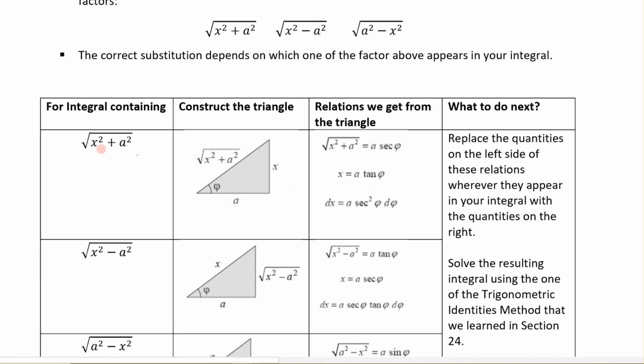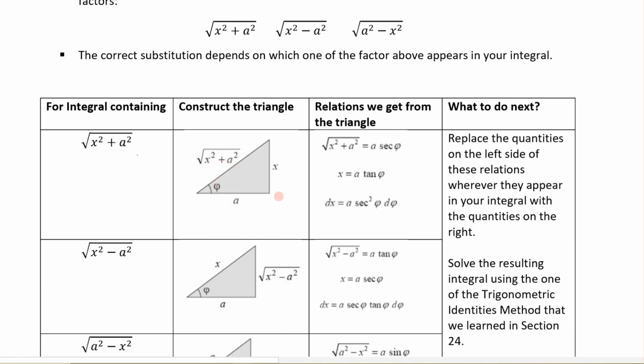For example, if you have square root of x squared plus a squared in an integral, then we create this triangle, where x is one leg and a is the other leg of a right triangle, and the hypotenuse is square root of x squared plus a squared.